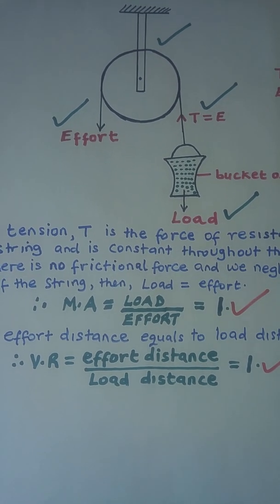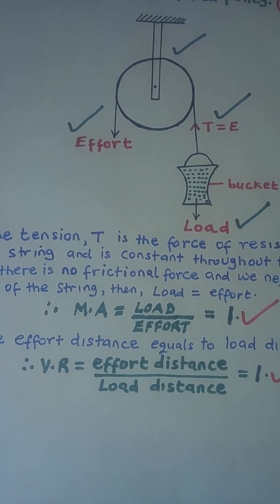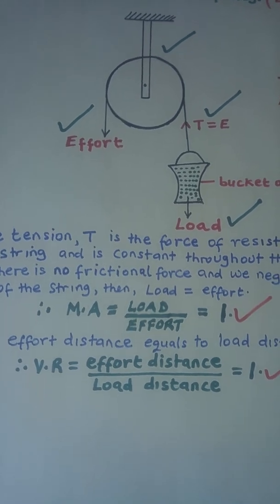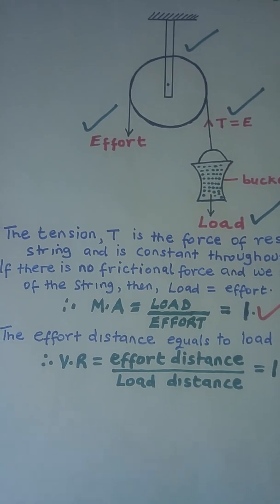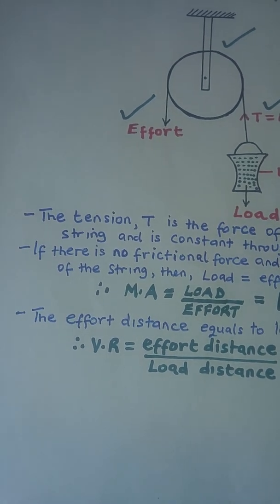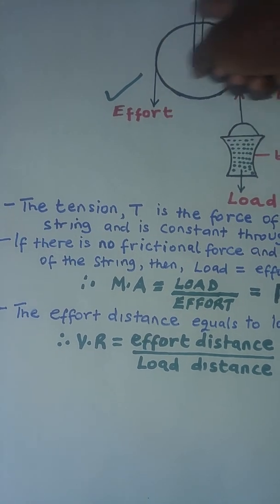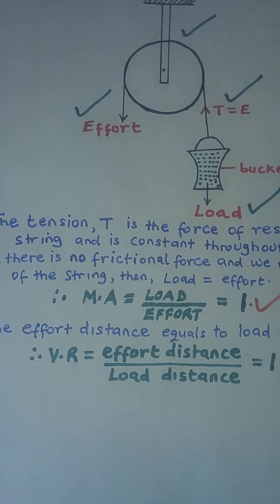A bicycle which has no grease, which has friction, always makes noise when somebody is riding. So here, if there is no friction, it means we have already done the oiling. So what happens? Once there is no friction here, and the weight of the pulley is too small, it means the effort and the load will be the same.